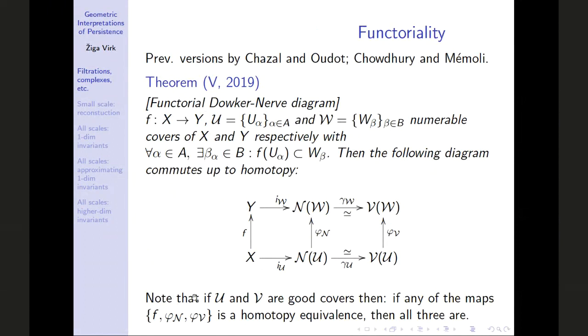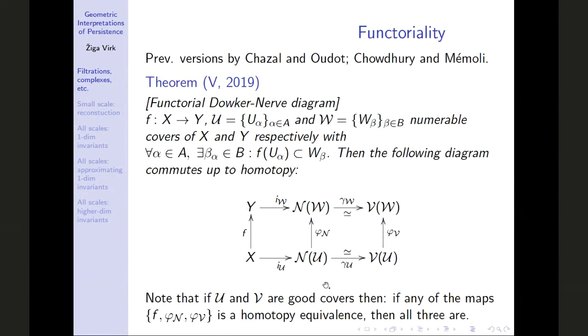So if one has a function between 2 spaces, and the covers on both spaces, so that this inclusion, the most natural condition, holds, then one gets this commutative diagram, I mean the diagram that commutes up to homotopy.